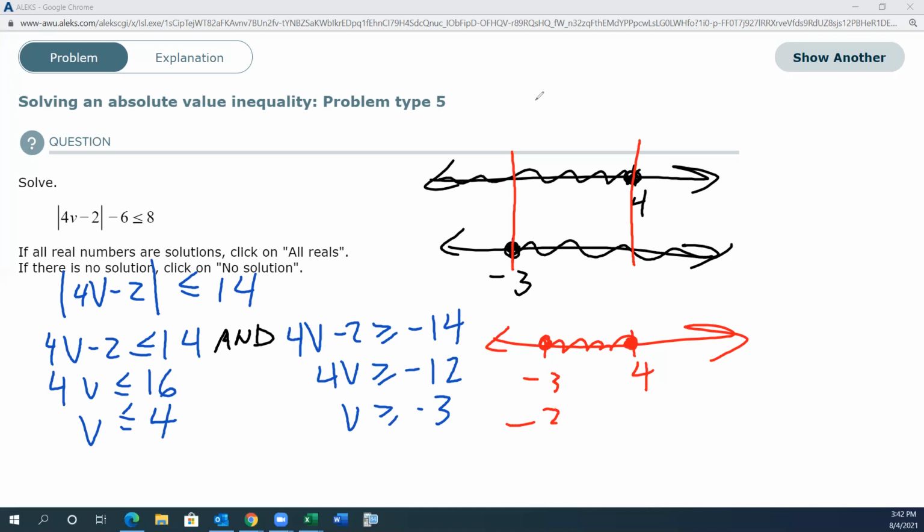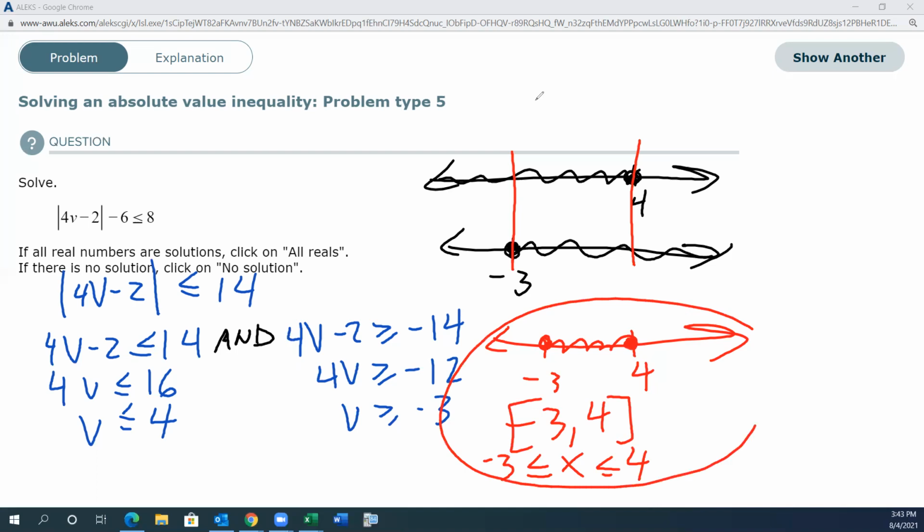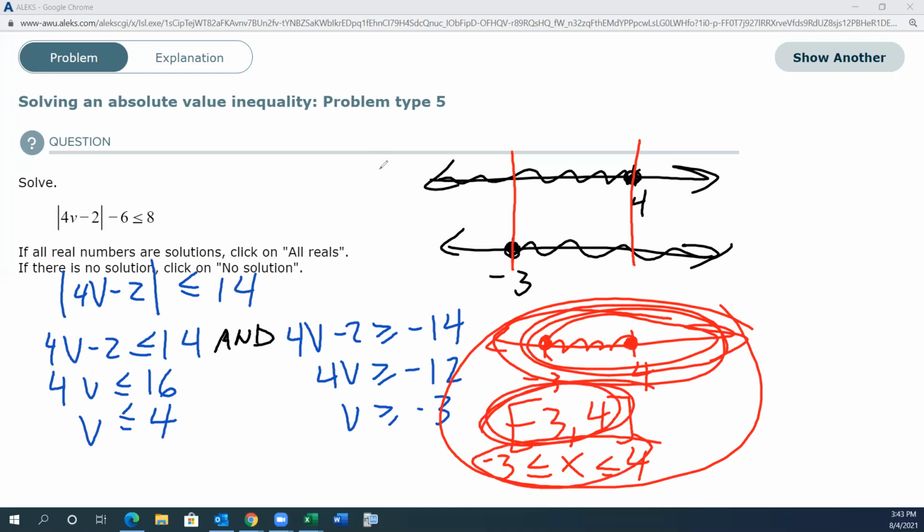And if I do it in interval notation, it looks like that. And if I do it in inequality notation, it looks like that. So all three of these are the same thing. They're just written differently. It's kind of like saying, I want to say hello. Here's how I say it in English. Here's how I say it in Spanish. Here's how I say it in German, or something. But it all means the exact same thing.